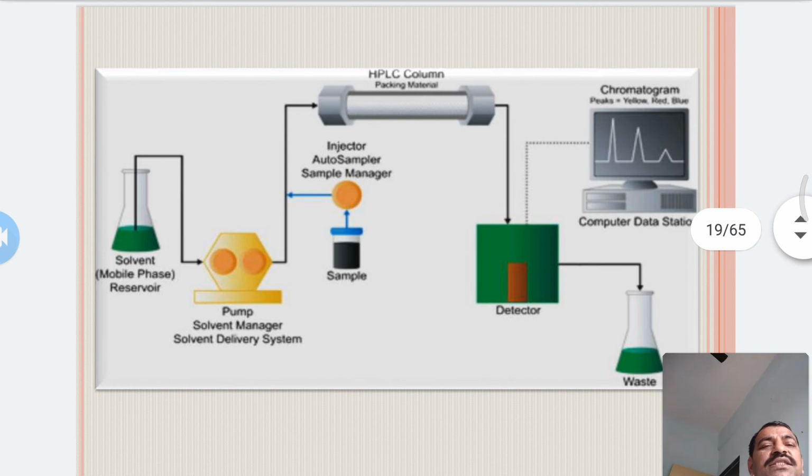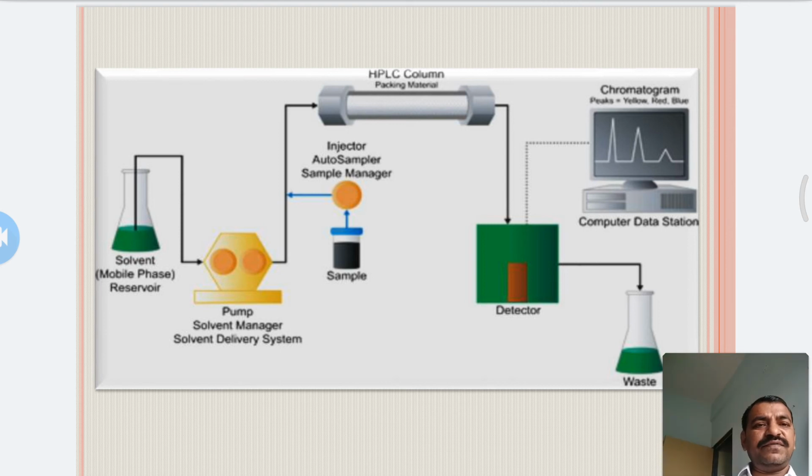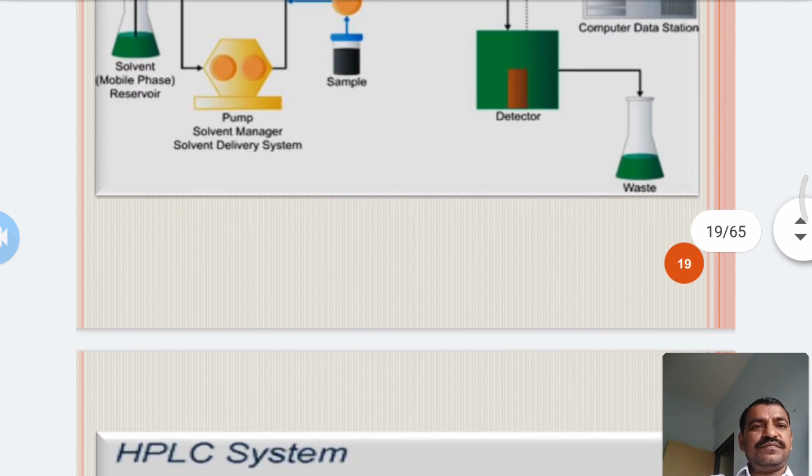The HPLC column separates our components and transfers them to the detector, and after detection the eluate is transferred to the waste collector. The detector transfers signals to our computer data station, and the computer displays our chromatogram on the PC.